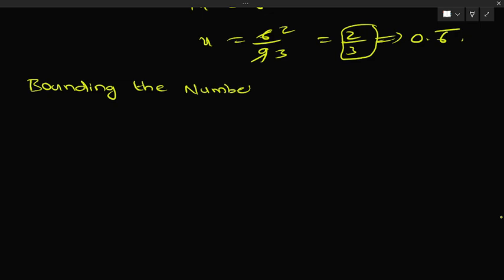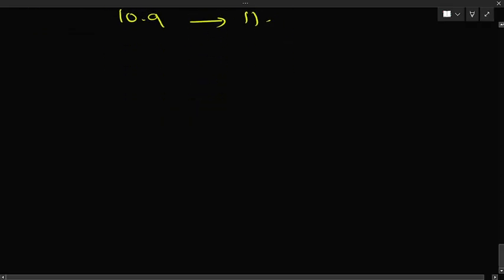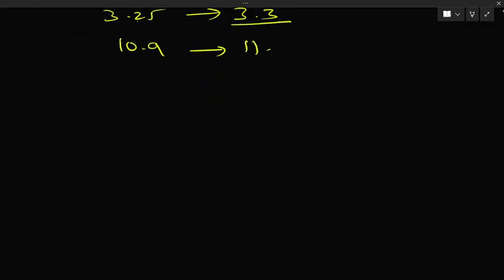For example, when I consider 3.25, it can simply be written as 3.3, the nearest value, represented by 3 only in one digit. For example, 10.9 is simply written as 11. So I bound to the nearest number. That is nothing but bounding the numbers.